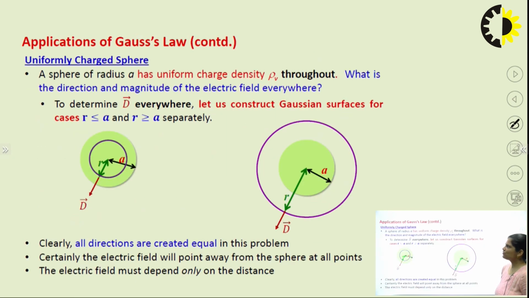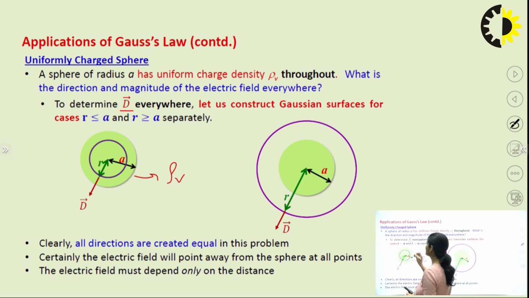Now the uniformly charged sphere. This is a sphere of radius A, and it has a uniform charge density, represented by rho v. What is the direction and magnitude of the electric field everywhere? Here you have to determine the electric flux density.